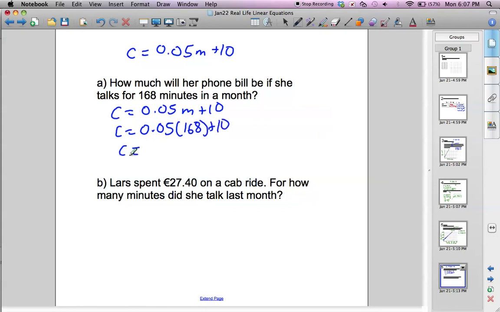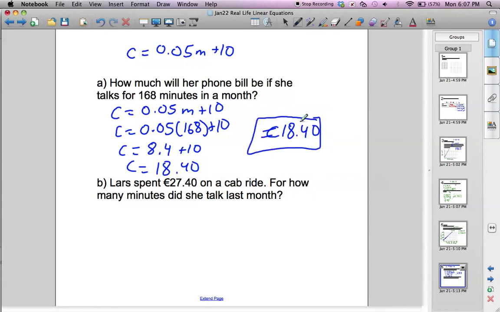So if I work that out, 0.05 times 168 is going to be 8.4 plus 10. So the cost equals 18.40. This was in euros, so it's going to be 18 euros and 40 cents.